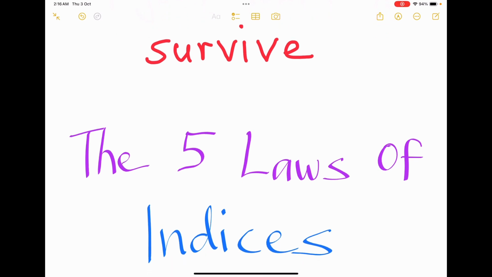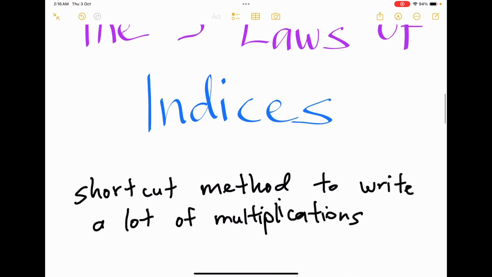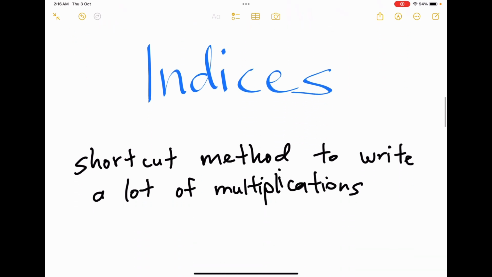The 5 laws of indices. What is indices? It is a shortcut method to write a lot of multiplications.